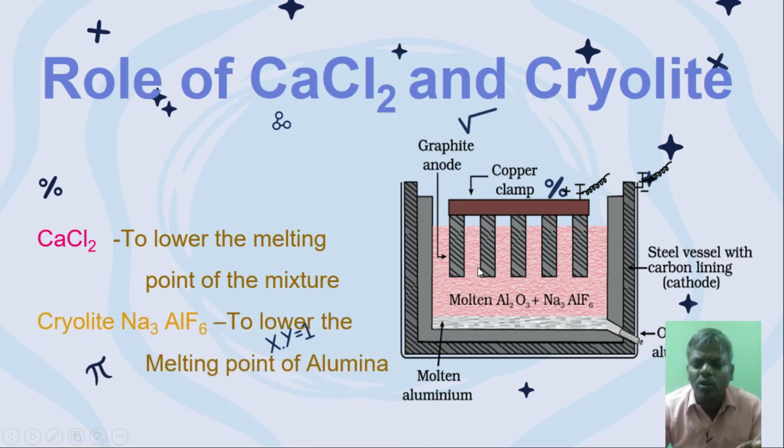And what is the role of cryolite here? Cryolite, Na3AlF6, is added to lower the melting point of alumina, and calcium chloride is added to lower the melting point of the reaction mixture.